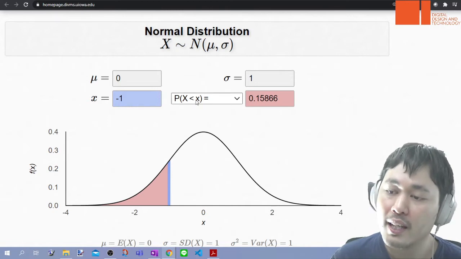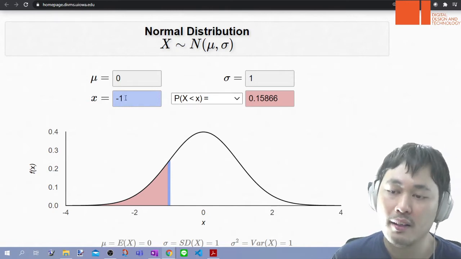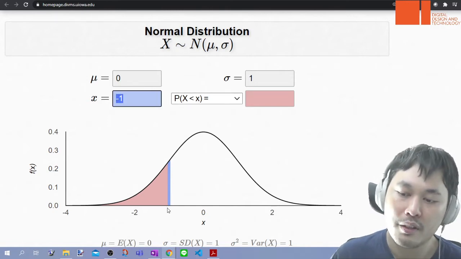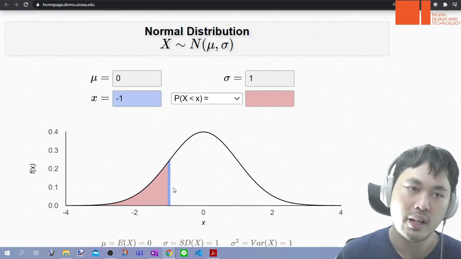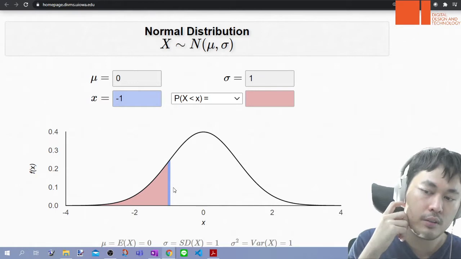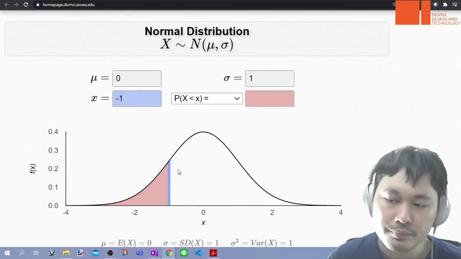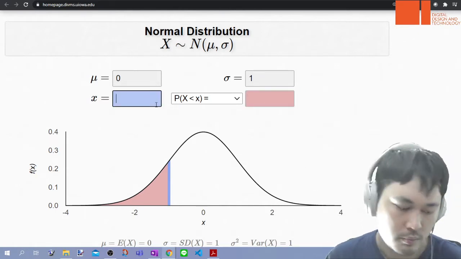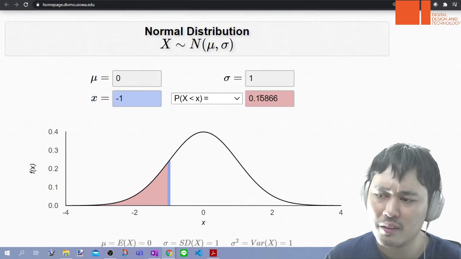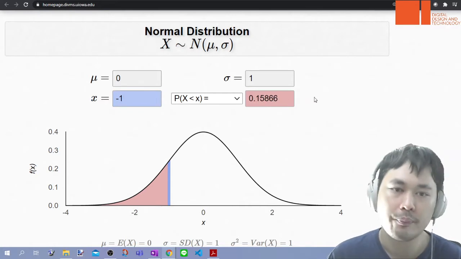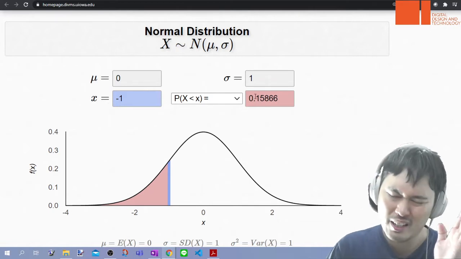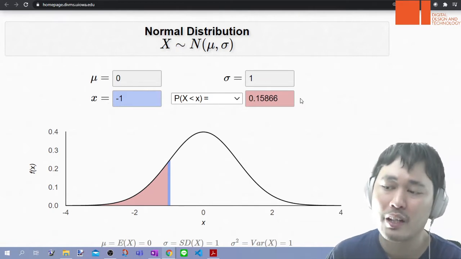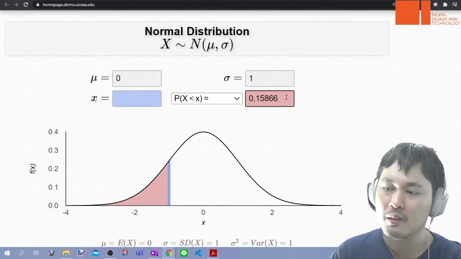If we want X to be less than -1, we first set the point -1 here, and then we compute the area to the left of that point, and that gives us the value of 0.15-something. That means this red area is approximately 0.15-something, and of course the decimal keeps repeating to the right.